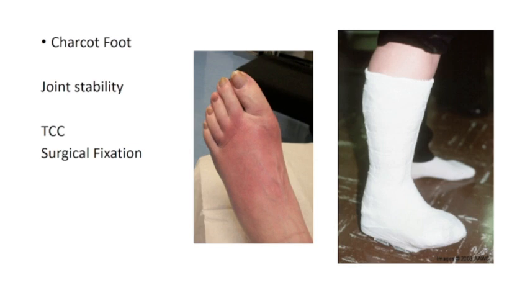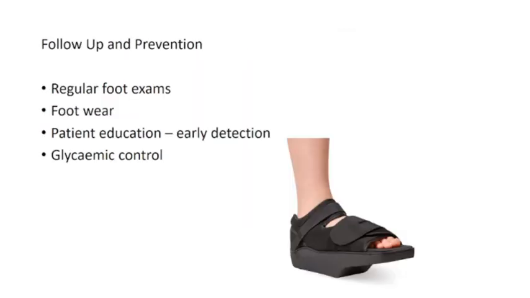So never successful, tried it, never successful. And if the orthopedic colleagues are very enthusiastic, we can refer for a surgical fixation even in Charcot's. There are centers in other countries where orthopedic surgeons do these.